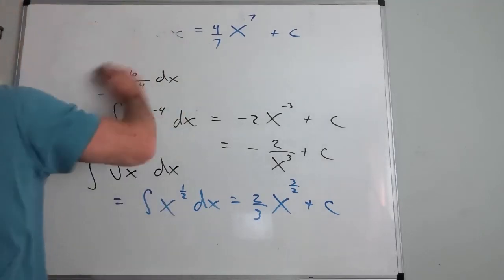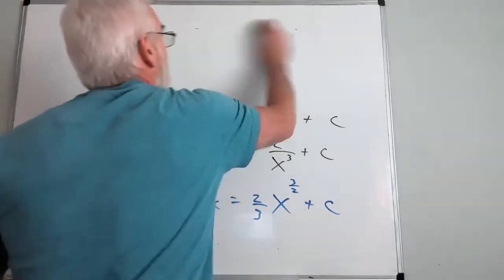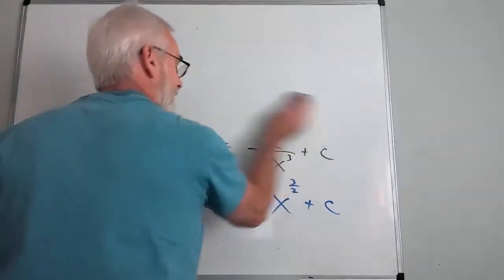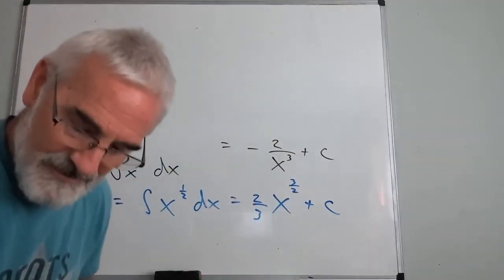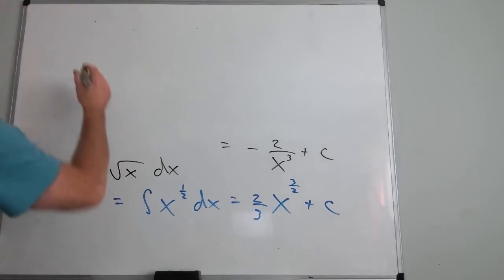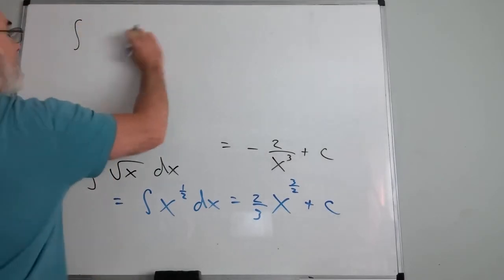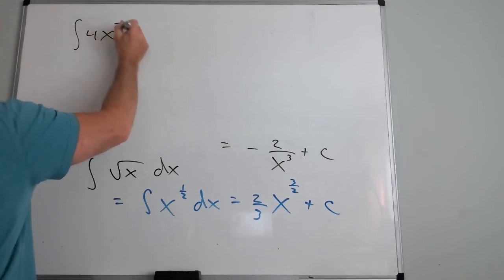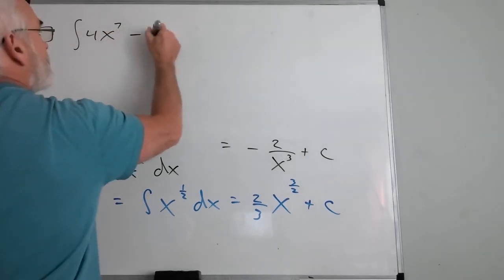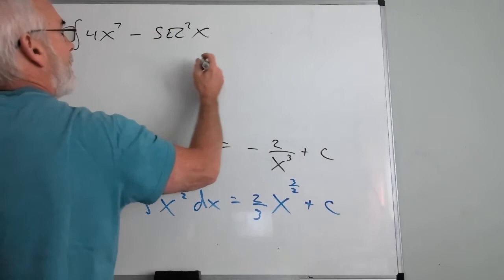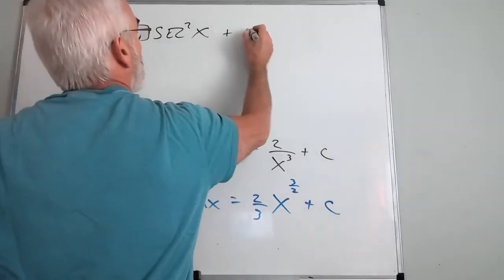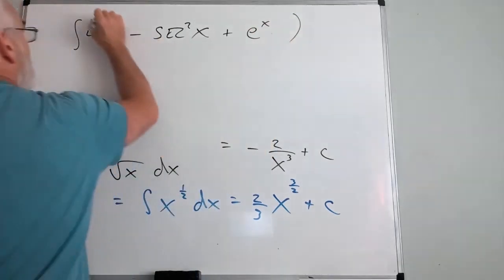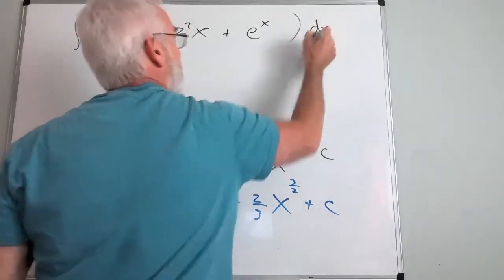So let's do something a little bit bigger. Okay, I'm gonna tax you now. I want to do the integral of 4x to the 7th minus the secant squared x plus e to the x dx.